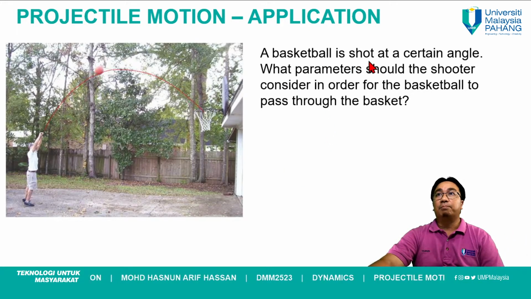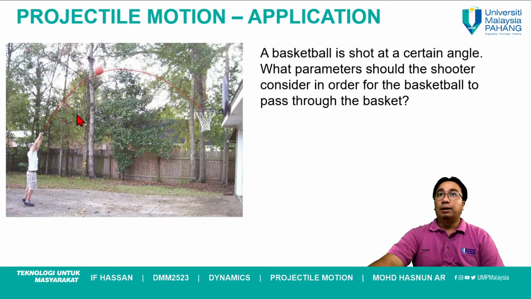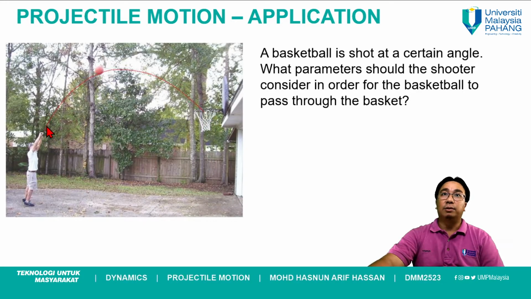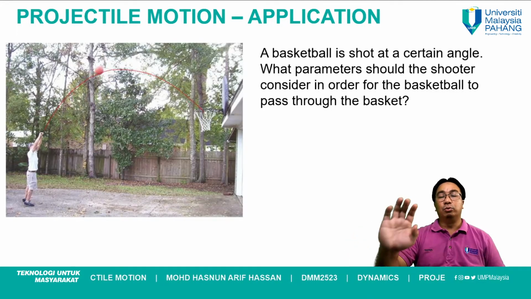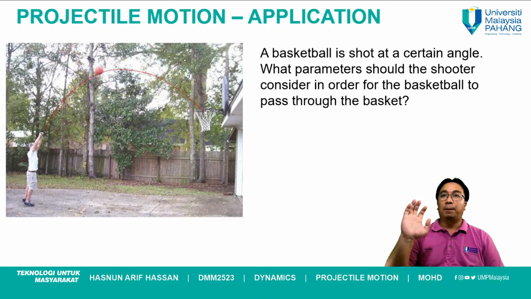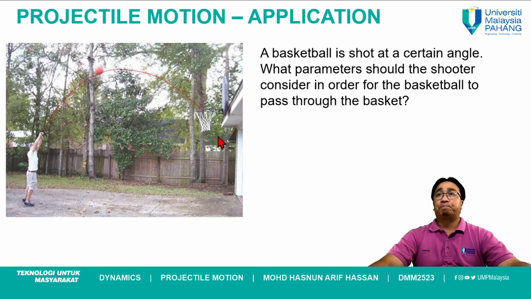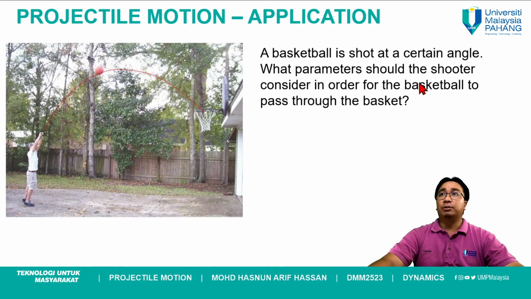Okay, a basketball is shot at certain angle. Okay, orang ni untuk dia nak masukkan bola ni dalam lubang ni, so he has to know at what angle dia perlu shoot the ball and at which speed, maksudnya berapa kelajuan bola yang dia perlu shoot in order for the ball to go into the hole. Okay, and then what parameter should the shooter consider?